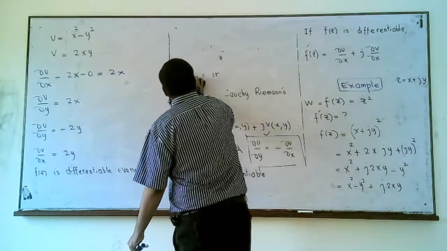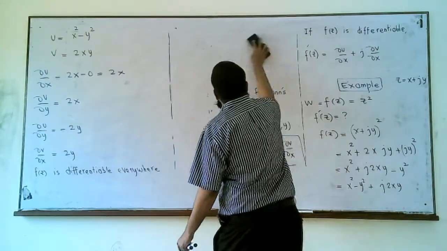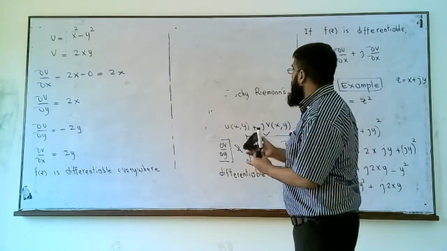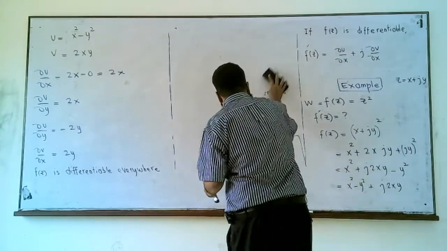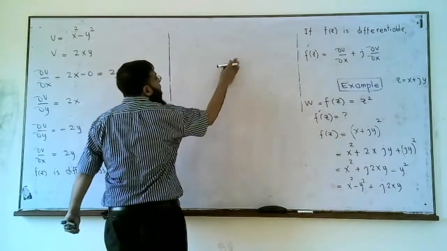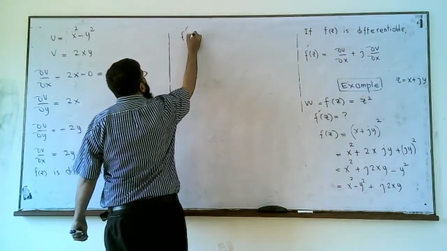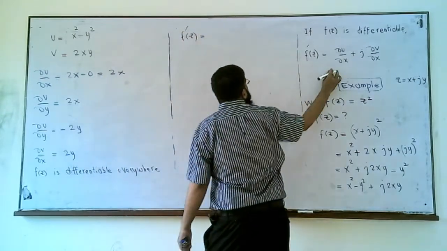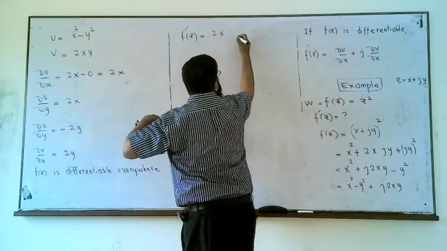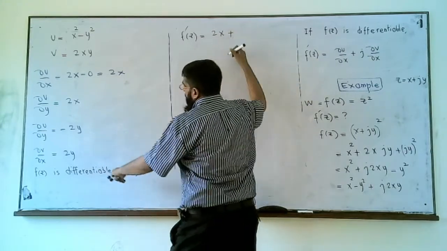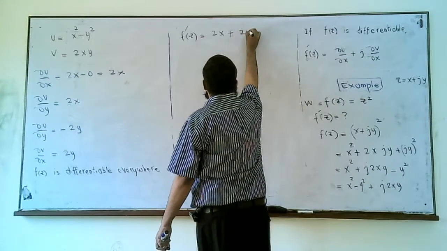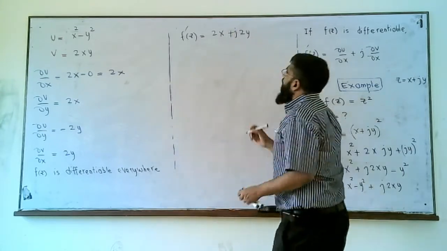So we have checked that it is differentiable, and now we are going to compute its derivative. So f prime of z is partial u over partial x, which is 2x, plus j times partial v over partial x, which is 2y, where j is iota.